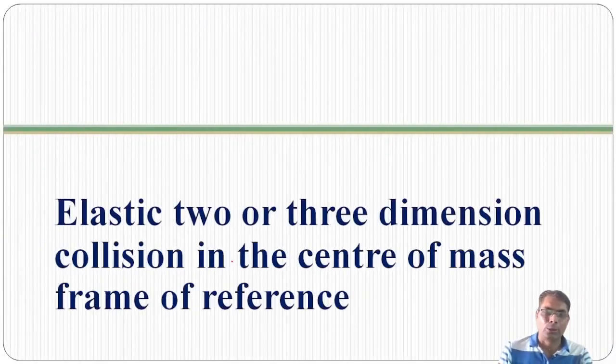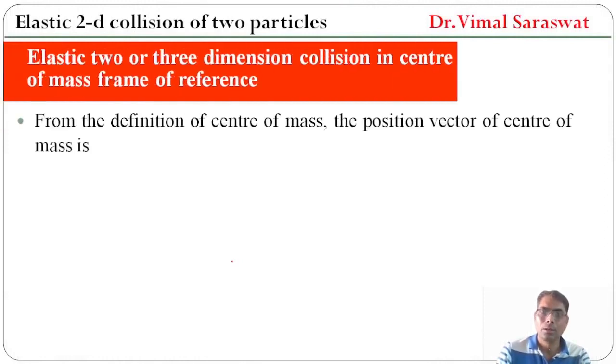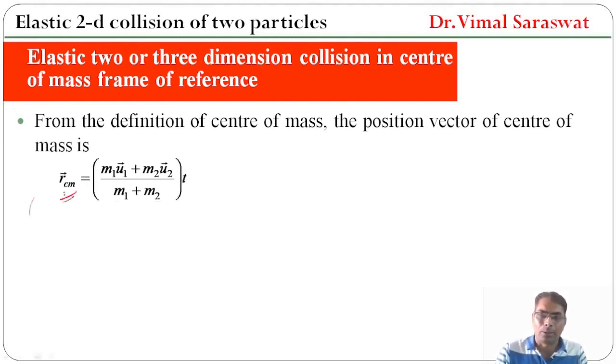Now, elastic 2 or 3-dimension collision in the center of mass frame of reference. From the definition of center of mass, the position vector of center of mass is given by RCM is equal to m1 u1 plus m2 u2 divided by m1 plus m2 into t.